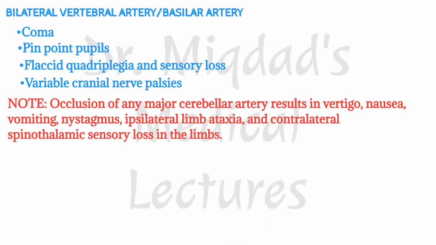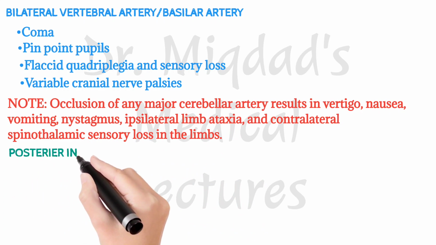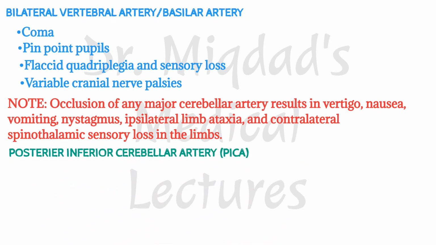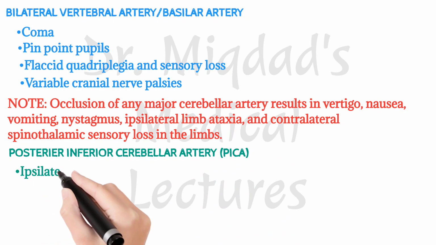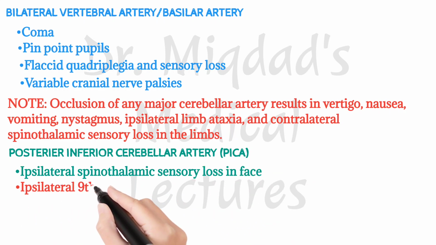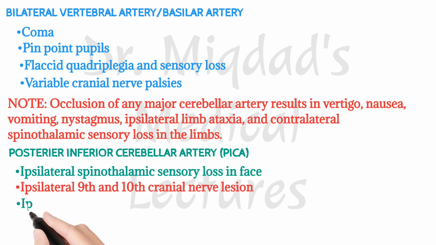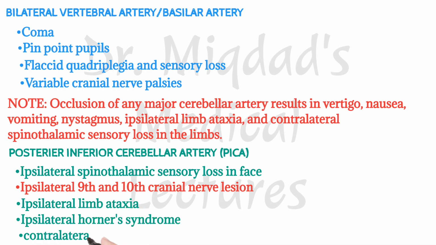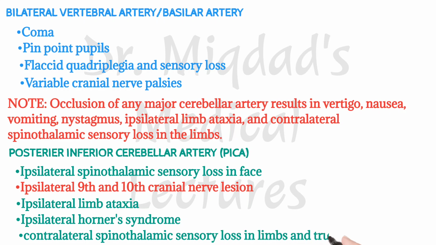So now let's briefly discuss signs and symptoms of individual cerebellar artery occlusion. First begin with the posterior inferior cerebellar artery, also called PICA. If this artery is occluded, the person will have ipsilateral spinothalamic sensory loss in the face, ipsilateral 9th and 10th cranial nerve lesion, ipsilateral limb ataxia, ipsilateral Horner syndrome, and contralateral spinothalamic loss in the limbs and trunk.